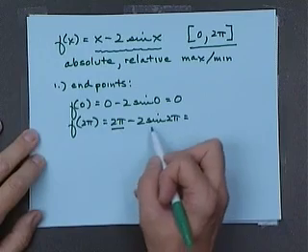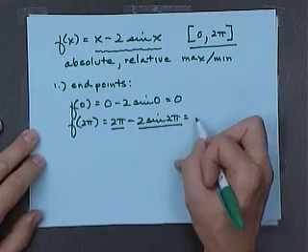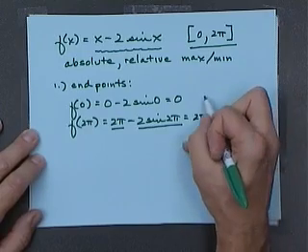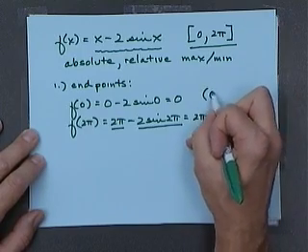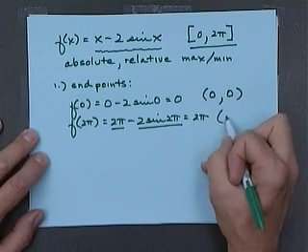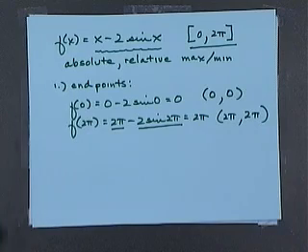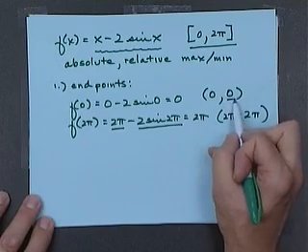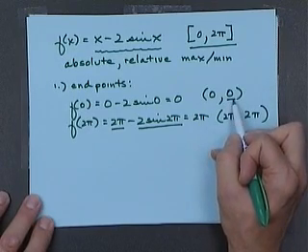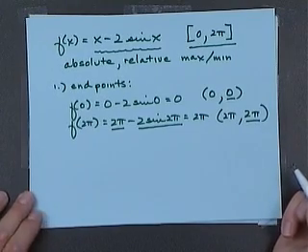Well, that's 2 pi, and this is 0, right? So 2 pi minus 0, which is 2 pi. So there's our endpoints. 0, we put it in, and it kicked out 0. 2 pi, we put that in, and it kicked out 2 pi. So that is a possible absolute min, and that is a possible absolute max at this point in time.